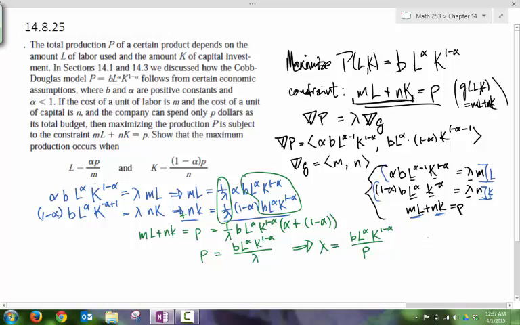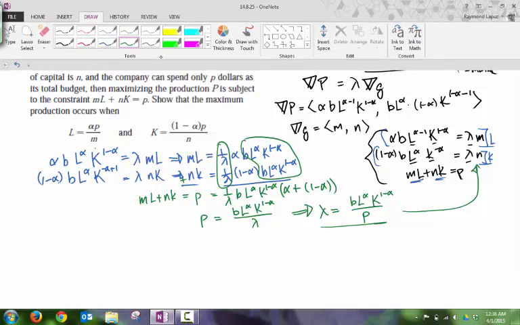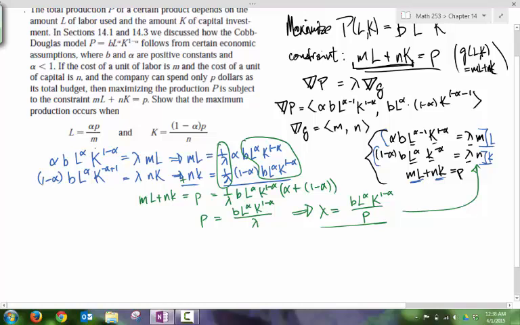Alright, so now what we'll do is we will take this and put it into each of these first two equations, and then hopefully be able to solve for L and then K. Alright. So let us take the first equation. We have alpha times b L to the alpha minus 1 times k to the 1 minus alpha power is equal to lambda times m.